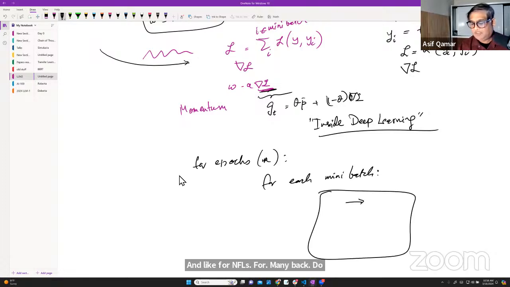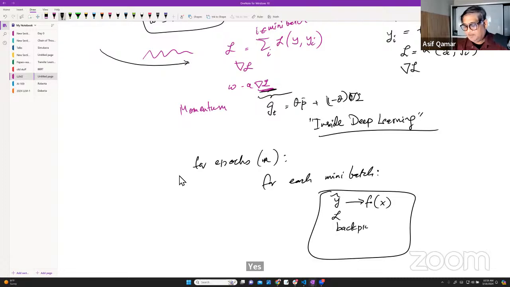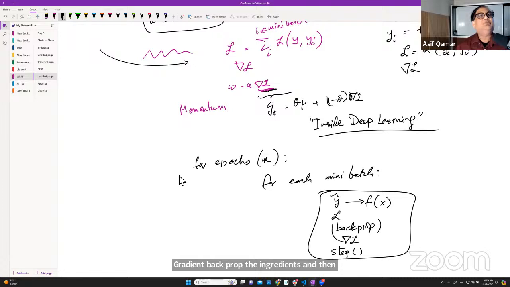So forward journey, y hat is equal to the forward of x, compute the loss, compute the gradient of the loss, and then backprop the gradients, and then step. Literally the PyTorch API enumerates it as these lines of code. If you look at your inner loop that we discussed last week, it is exactly this.